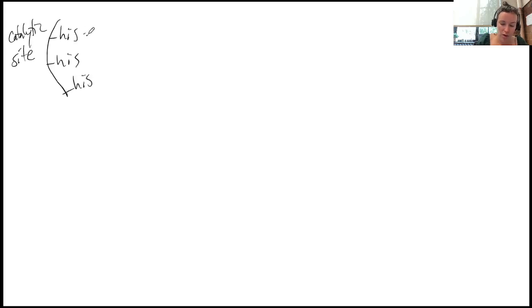So let's jump into this mechanism, folks. Let's start by drawing in the catalytic site. This catalytic site has 3 histidines that are all coordinating a zinc ion.